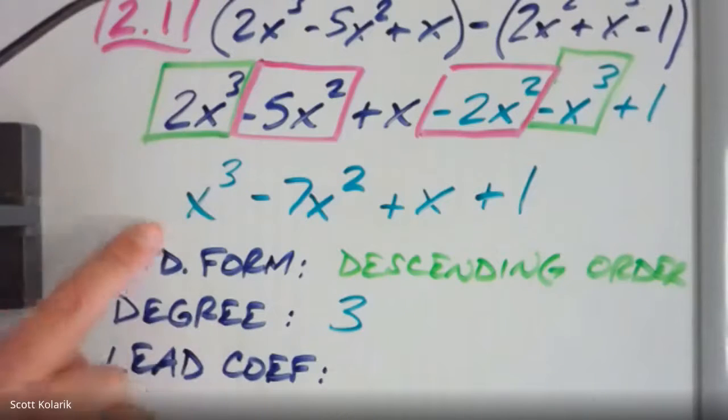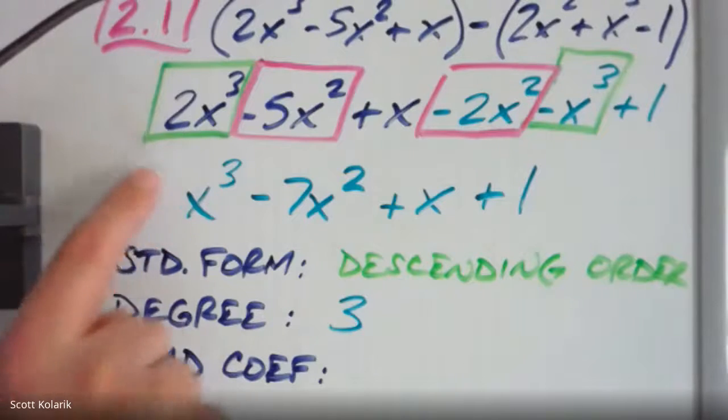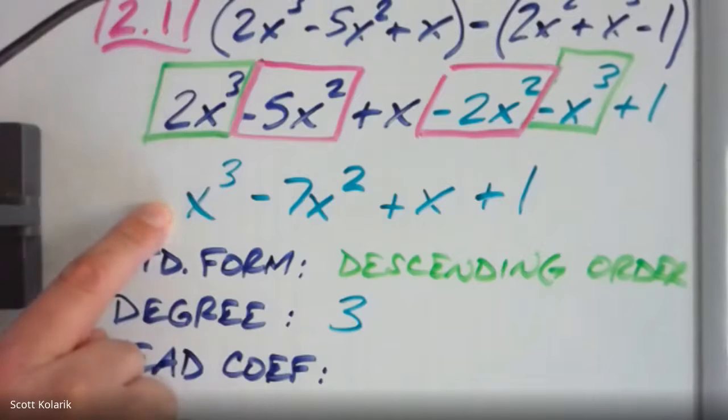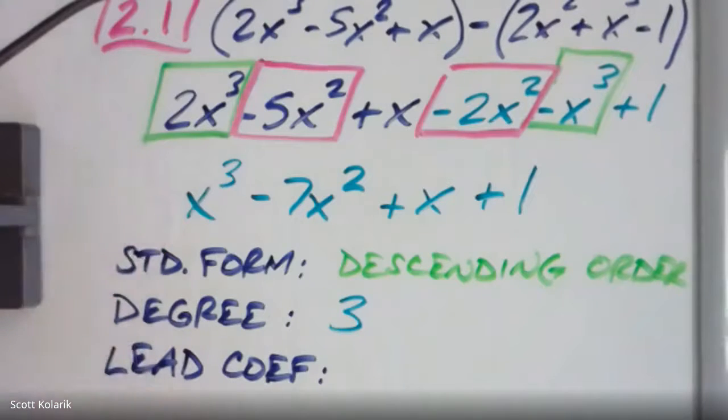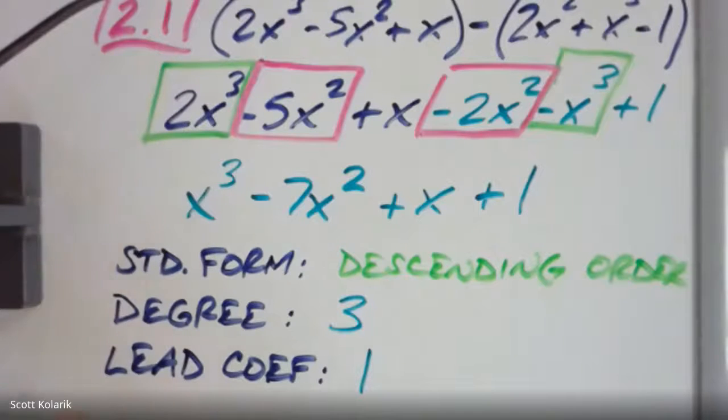The leading coefficient is what number is multiplied in front of the highest degree term. Technically, even though there's nothing written here, technically there is a number here. That number just is 1. So in this case, the leading coefficient is 1. So even if there's nothing written, like in this case, there's still a number technically there. Other cases, it'll be more obvious where there is a number in front. In that case, you just copy the number.